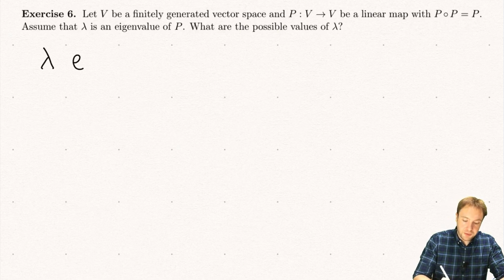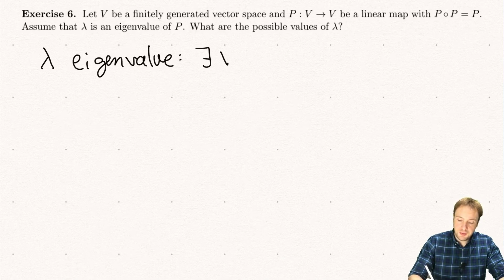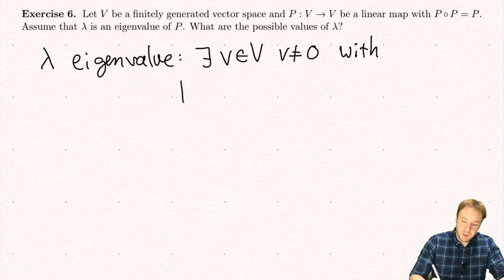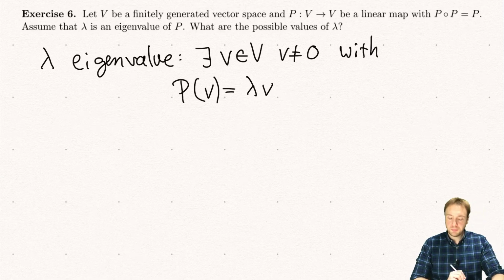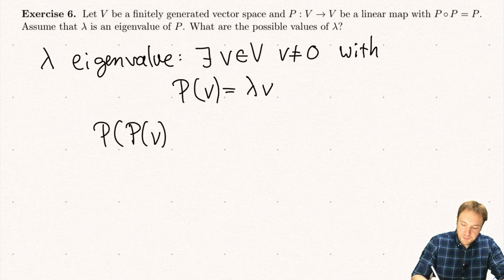So if lambda is an eigenvalue, this means there exists a v in V, such that v is not 0, with the property that P of v equals lambda v. So what now is P of v?